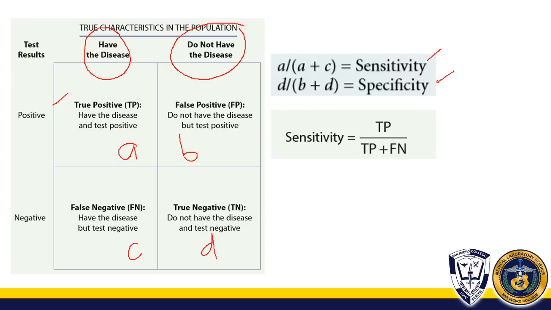Now, another way of writing your formula is this one. It depends on which you are more comfortable with, because some students remember better with one style and others with the other. Either way, that is correct, and they are actually just the same.